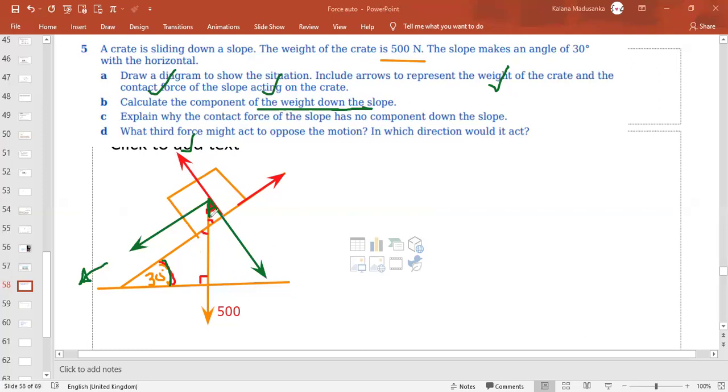If this angle is 30 degrees, what is the value? Is it going to be the sine value or the cos value? For the component of the weight down the slope, is it 500 sine 30 or 500 cos 30 to this side?